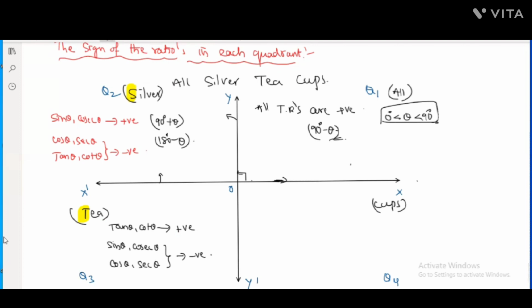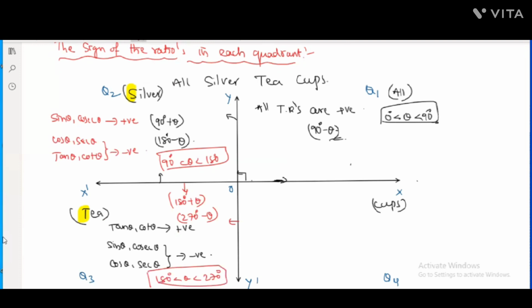And the angles in this quadrant: crossing 180 means 180 plus theta, and less than 270 means 270 minus theta. So here theta is less than 270 and greater than 180.